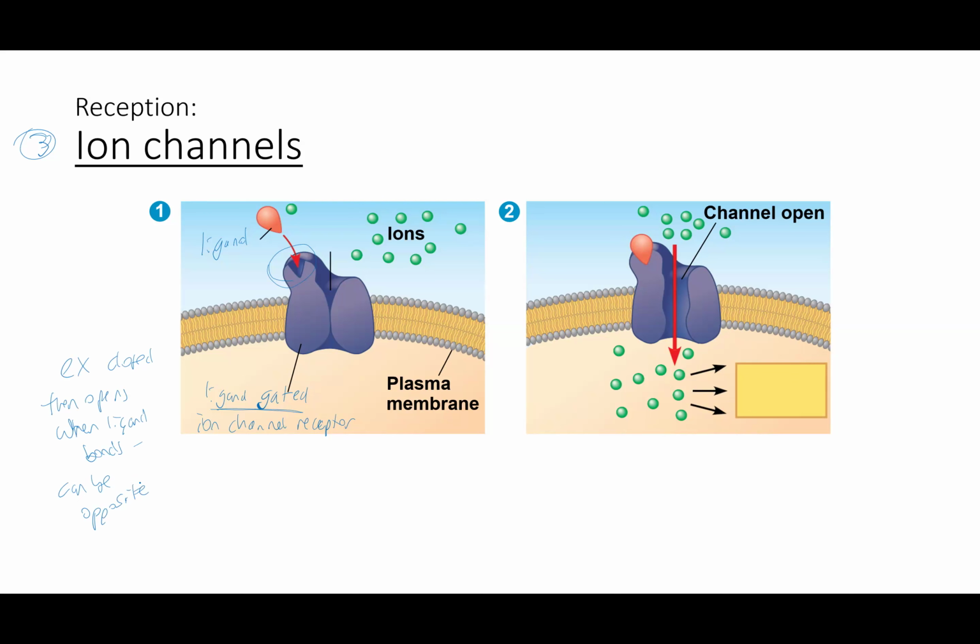But it can function in the other direction. So in this case, we've got a closed ion channel. We've got some ions out here. The cell needs some ions. So when the ligand bonds, it changes the shape of the receptor.